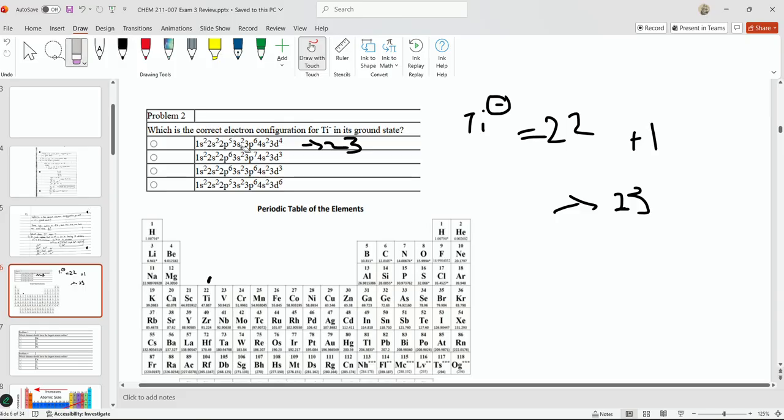So we have to take that into consideration as well. So 2 plus 6 plus 2 plus 7. This is not valid either because it can only hold up to 6. It can't go up to 7. So the answer would be C.